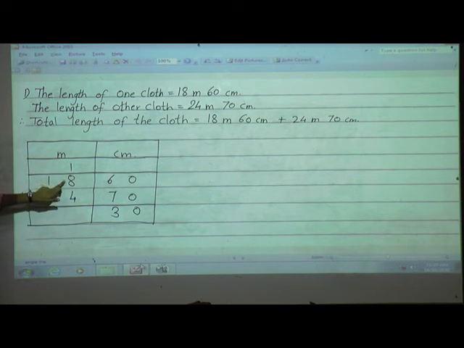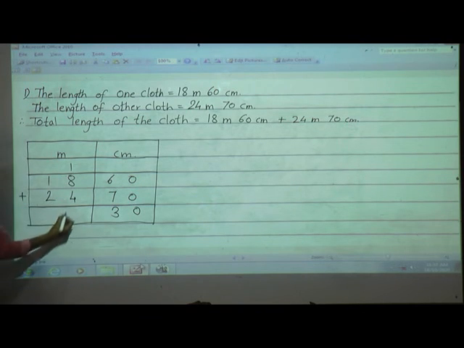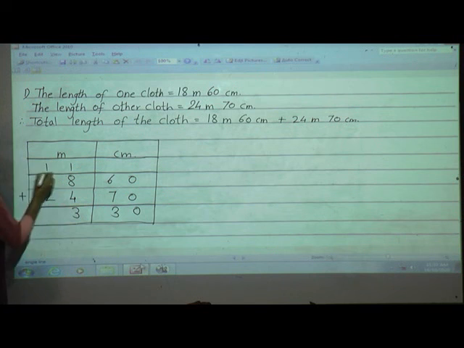So 1 plus 8, 9. 9 plus 4. Now after 9 you have to count your 4 fingers. So 9 plus 4, 13. So here we will write 3 and we will give 1 as a carry to the next place. Then see this column, 1 plus 1, 2, 2 plus 2, 4. So what is the answer? 43 meter and 30 centimeter.